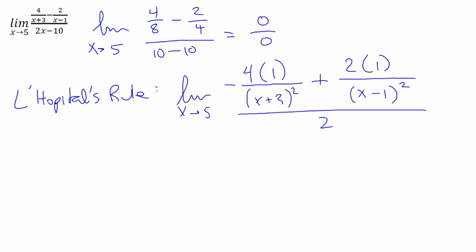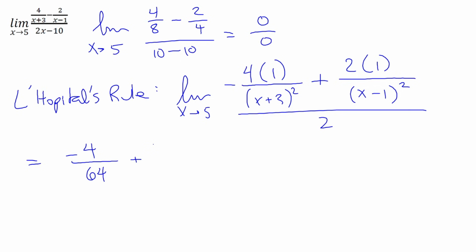And as we do that, we could choose to simplify a little bit here if we wanted to, right? This 4 and this 2 are both divisible by 2. But I feel like that might mess some people up algebraically, so I think maybe we'll just leave it. We'll do negative 4 over 5 plus 3 is 8, so 8 squared is 64.